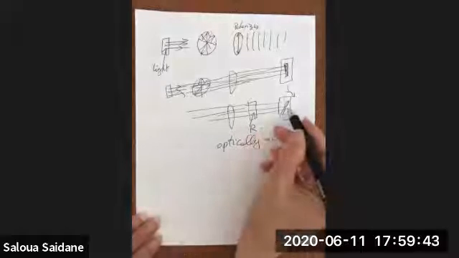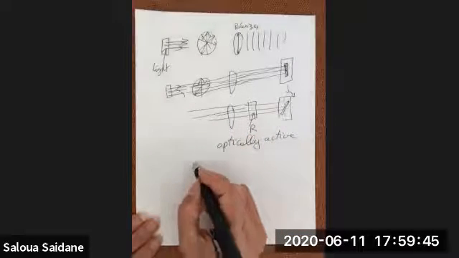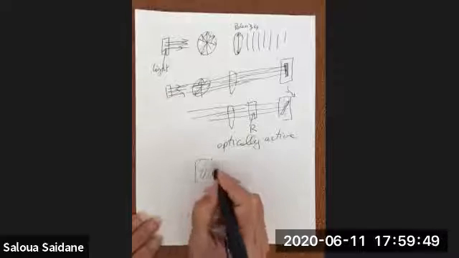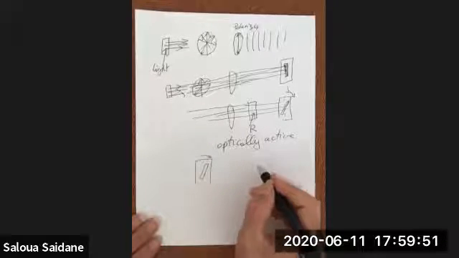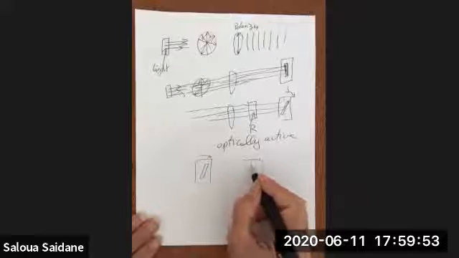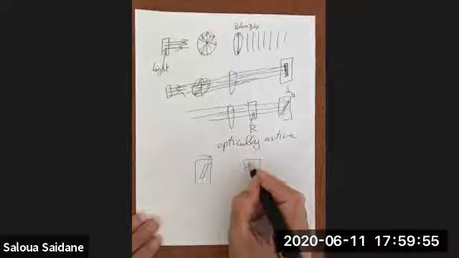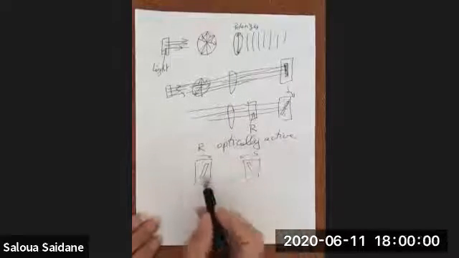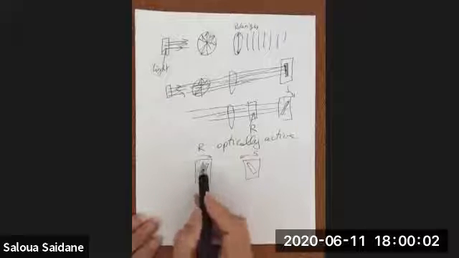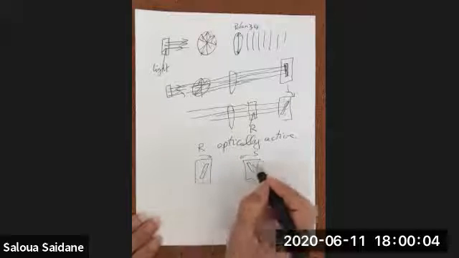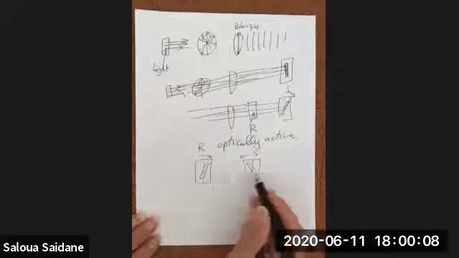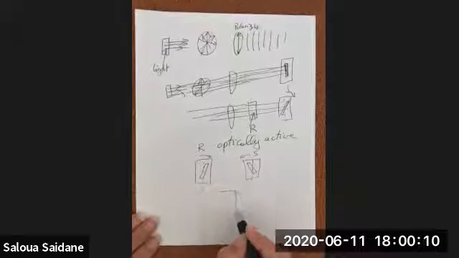So if I put the R, let's say the R will create a light that lands like this, that shifts to the right. And the S will create a light that shifts to the left. So let's say this is the R, this is the S. The R molecule will make the light shift from the original angle to the right, the other one to the left. But if I put both of them together, the light won't shift at all.